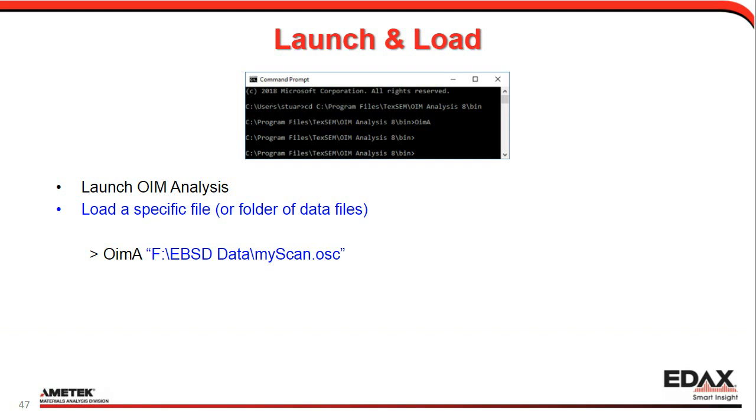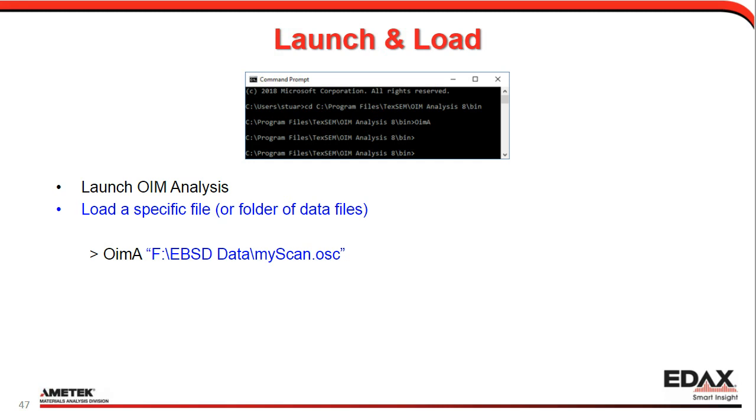So at the simplest level, you can just use it to launch OIM Analysis with a given data set. In this case, you just type in, and you use the Windows command prompt. You have to first move your command prompt so that it's located within the bin directory for OIM Analysis. Otherwise, you have to put in a path name for it.